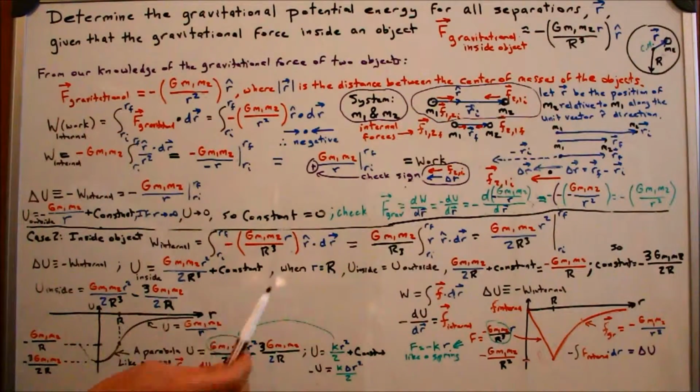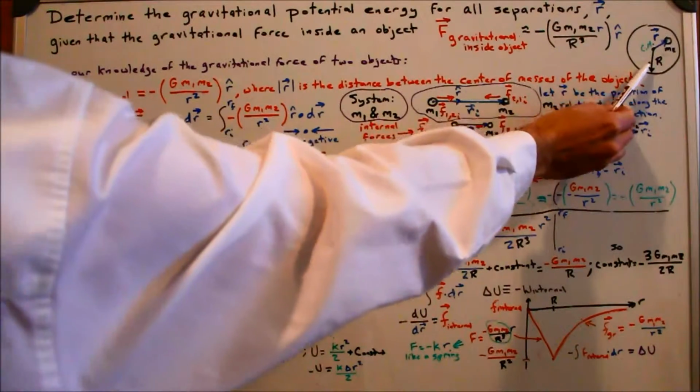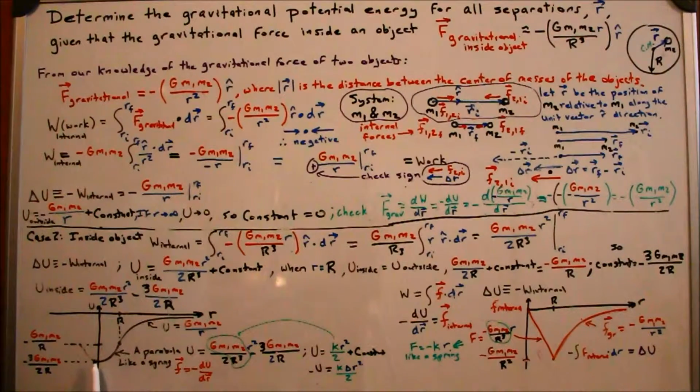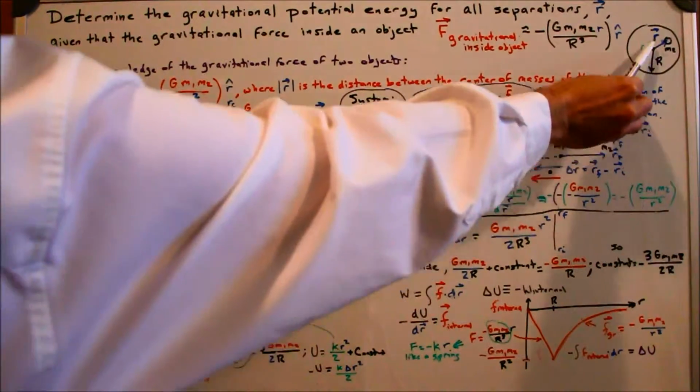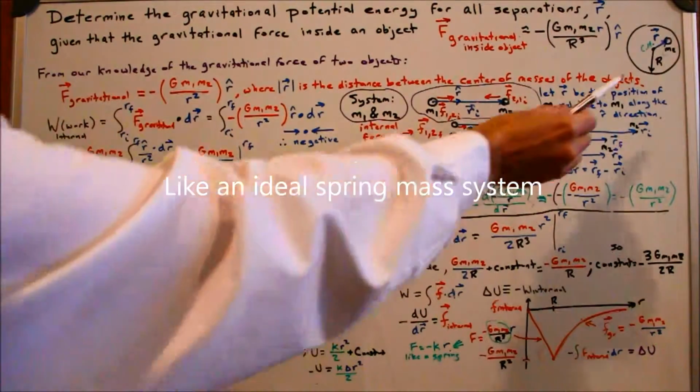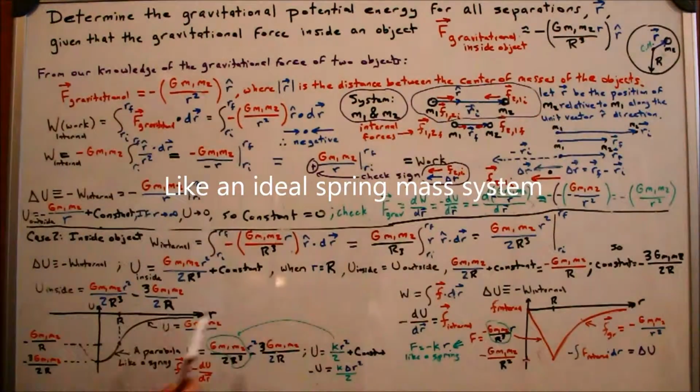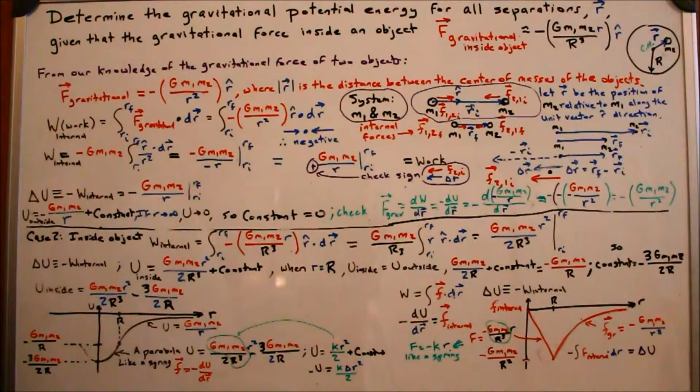If I put a part a little bit off to the side, so I put it in the middle, there's no reason for it to move anywhere. If I displace it a little bit off to the side inside the body and let go of it, it's just going to be like a spring going back and forth inside the body. Another way to think about it is that the force is minus the derivative of potential energy with respect to the radius.